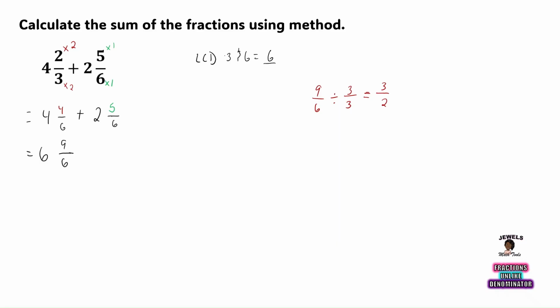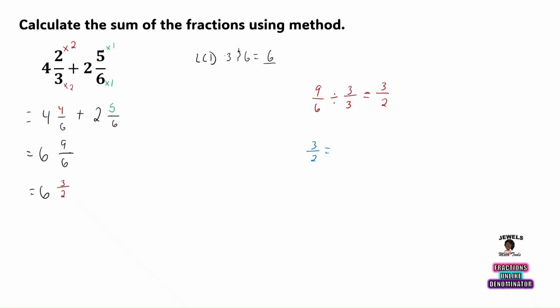I'm going to just rewrite that quickly back into my question before I move on so that you can keep track of what is happening in our working. So we just simplified our fraction. We put back our whole number, and I'm going to put back my fraction of 3/2. And now for this final step, we're going to work out our 3/2 by changing this into a mixed fraction.